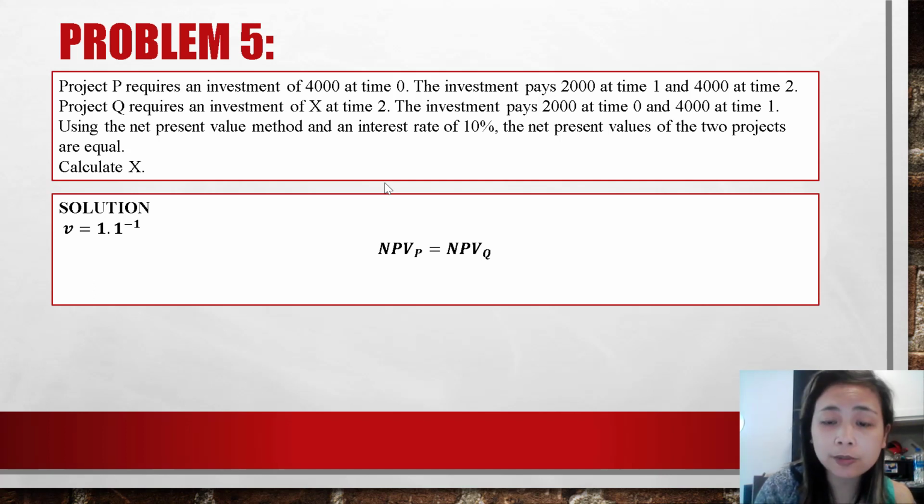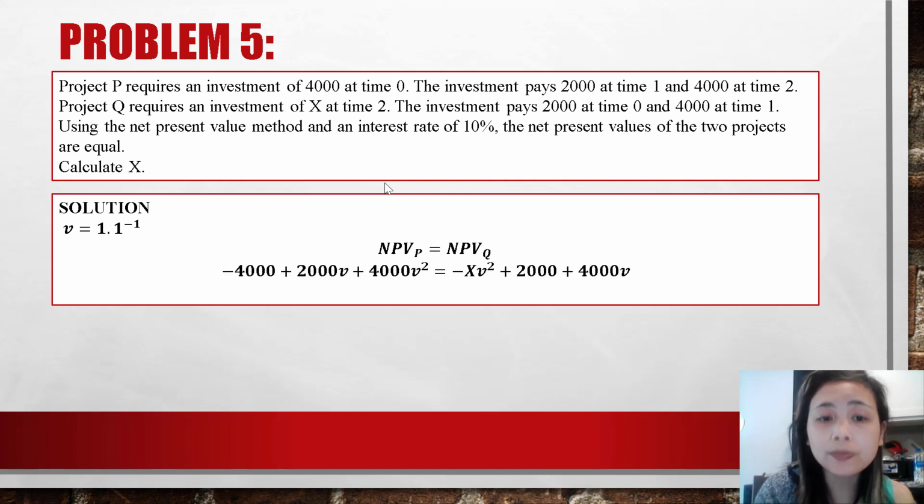Net present value of P is minus 4,000 plus 2,000 V plus 4,000 V squared, because at time 0, we have to invest 4,000. At time 1, we receive 2,000, and at time 2, we receive 4,000. Similar for project Q. At time 2, we invest X. That's why we have to subtract X times V squared for the present value.